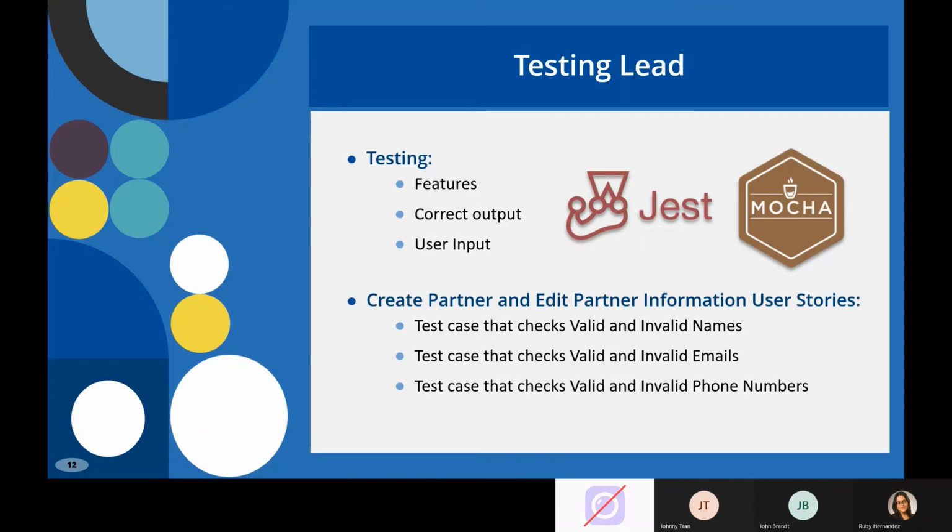With Jest, we're going to be testing the features to see if they function correctly. We're also going to be testing if the functions output the correct information, as well as user input. If the user input is valid or invalid, we're going to be testing all that.